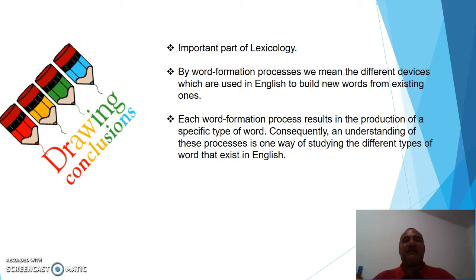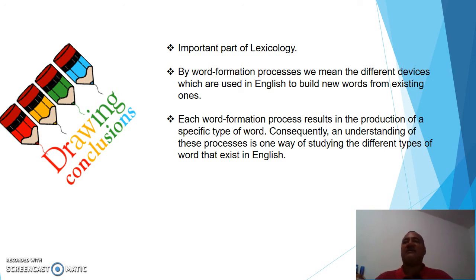Well, after reading all the material that has been provided in this course, I have come to some conclusions. One is that derivation is one of the most important parts of lexicology, because in this way we can enrich or enlarge our vocabulary.